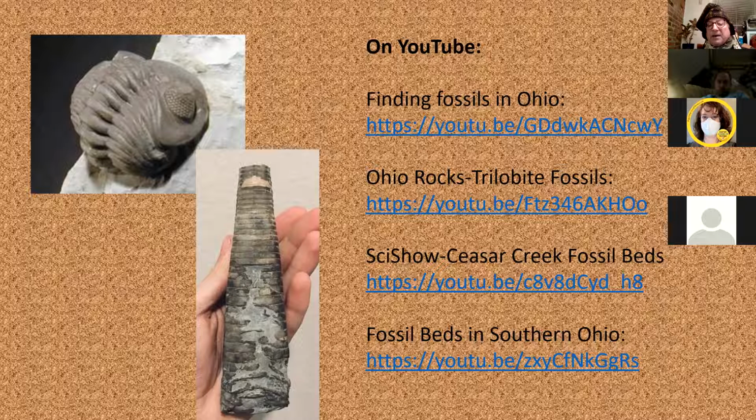And then a YouTube series called SciShow has one about the Caesar Creek fossil bed. And now Christie knows more about this than me because she's been there a few times, but you can go there, pay a small fee, and the place is absolutely littered with fossils. There's no fee, actually.